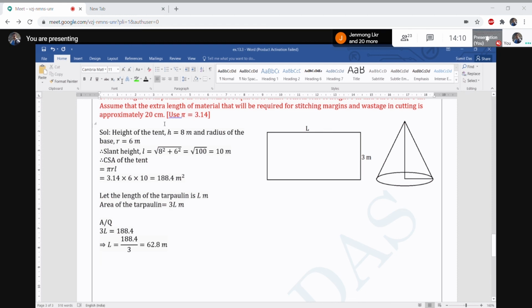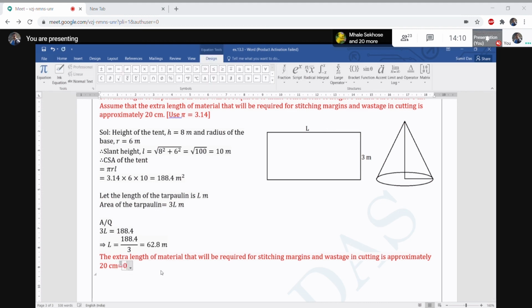So we'll write: the extra length approximately 20 centimeter, which is equal to 0.2 meter.